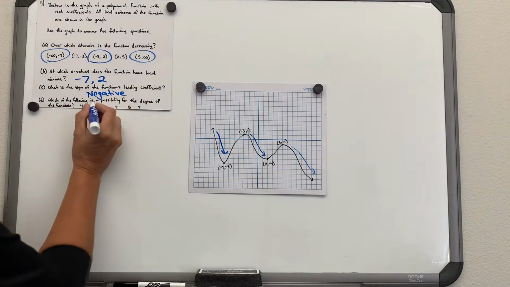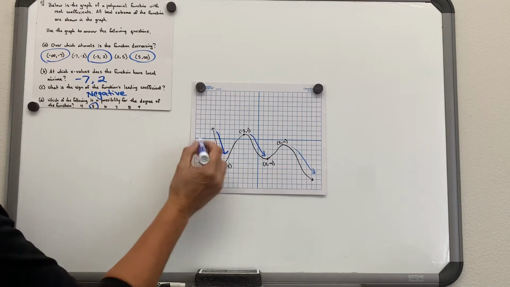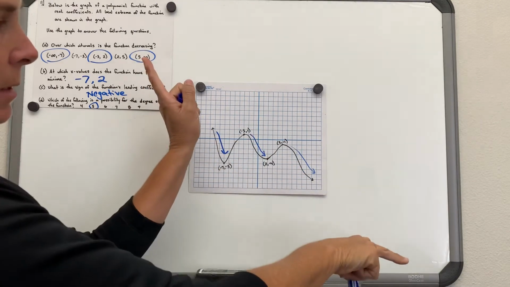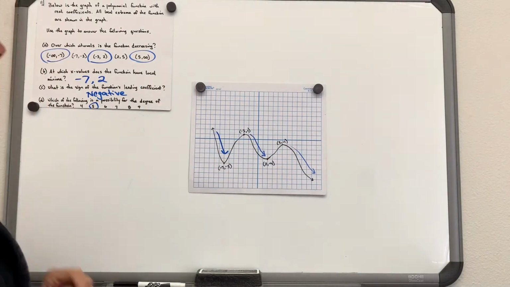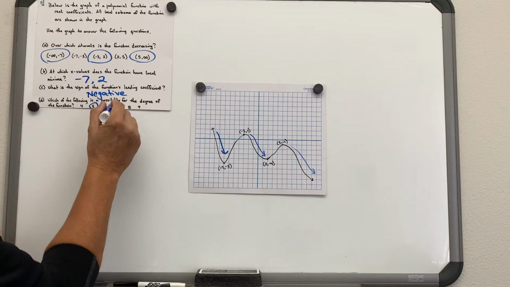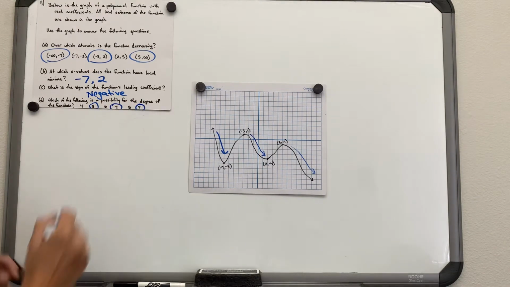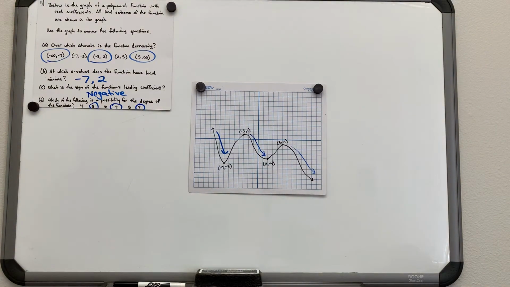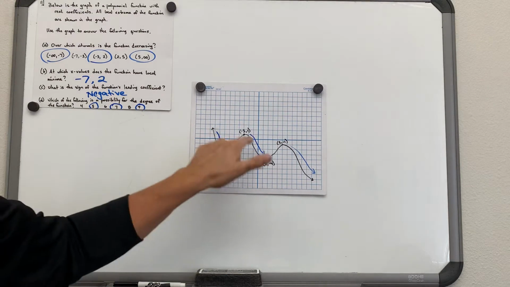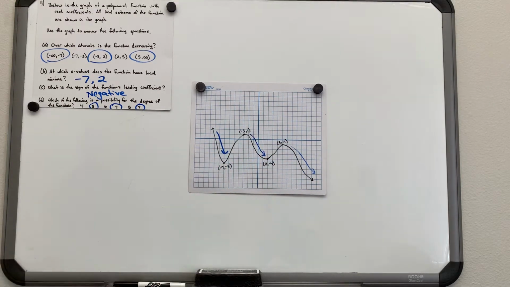So it could be 5. Because it's odd, I know it's odd because the tails are going in the opposite direction, then it could only be odd numbers bigger than 5. So it could be 5, 7, or 9. And so it could not be 3 because I have 4 extrema. It has to be at least 1 more than the number of extrema we have.